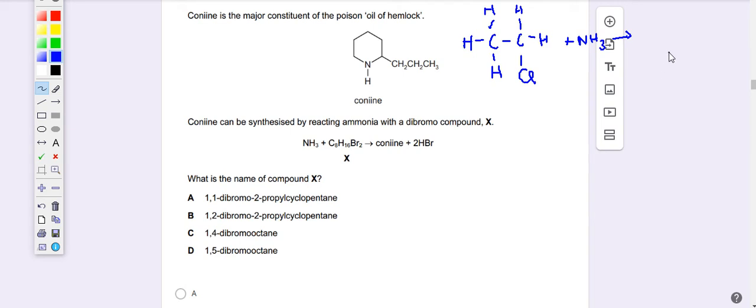Cl will be replaced by an amine group, which is NH2. Yeah? So there will be a byproduct formed in this reaction, which is HCl.